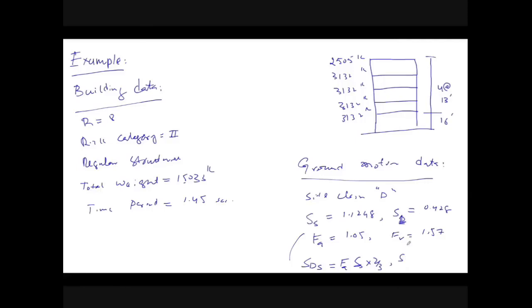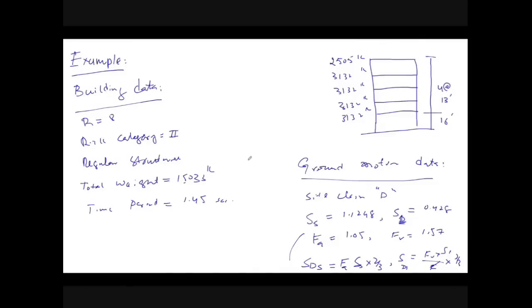The same way you can convert S1 into SD1. So this is FV times S1, multiplied with 2/3. So in the case of the IBC, the values for design are 2/3 of the values given in the code, SS and S1.